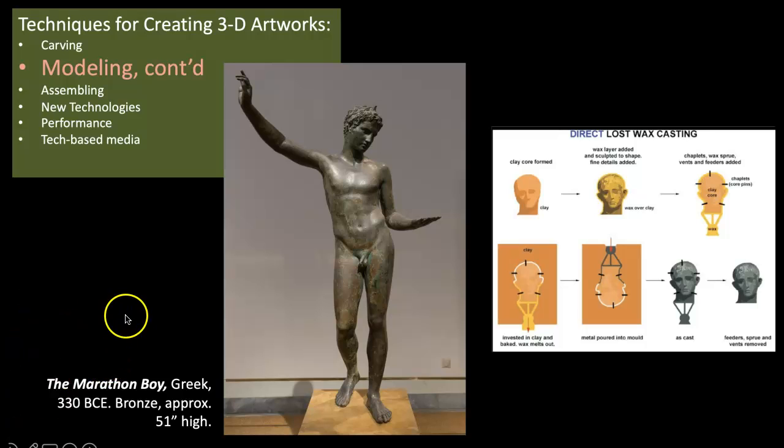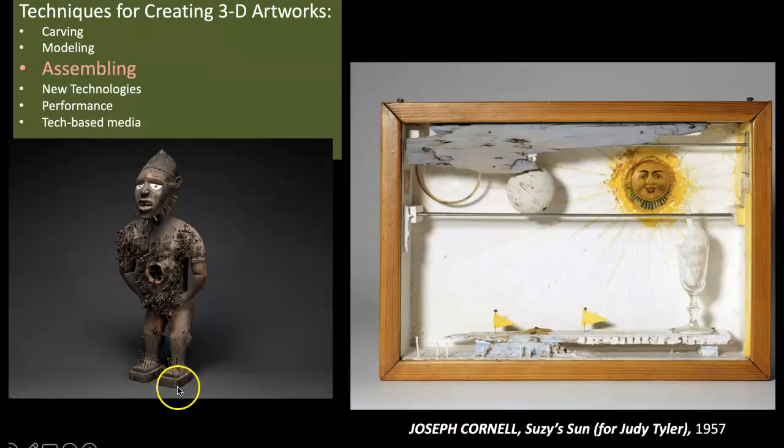Next up, let's explore assembling. So another technique for creating a three-dimensional artwork involves assembling. So sculptures made with various elements, either made or found, and put together or assembled in a way that creates a composition that conveys the concept desired by the artist. Sometimes they're known as assemblages.